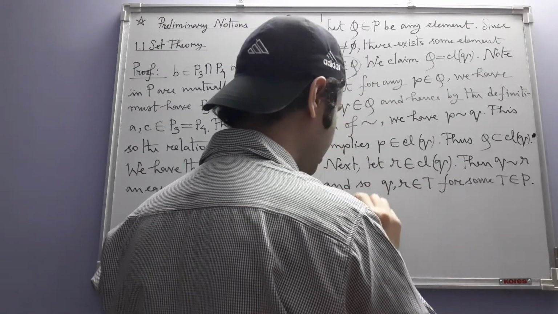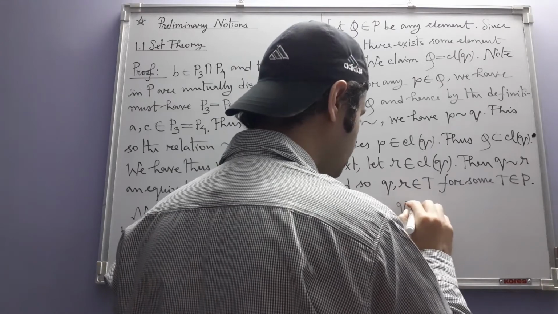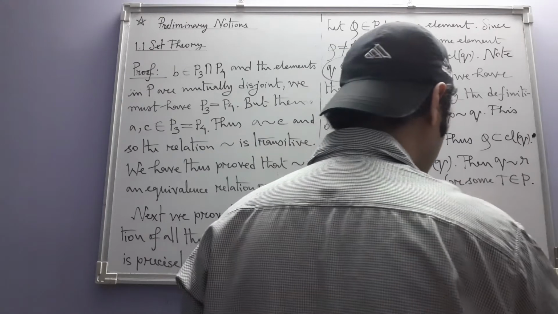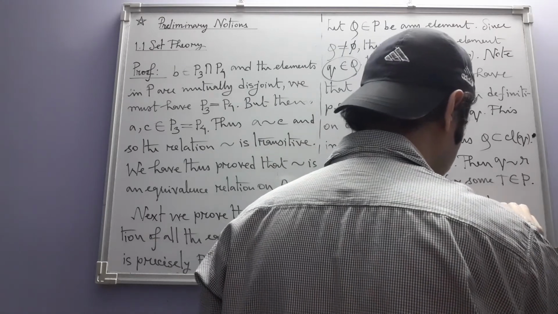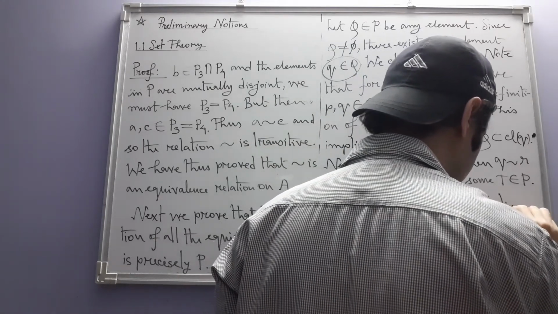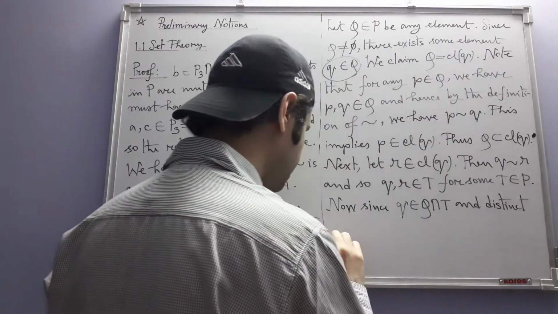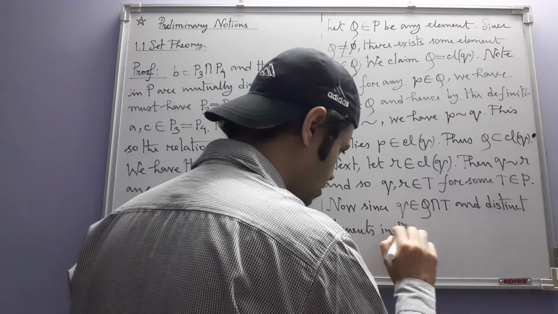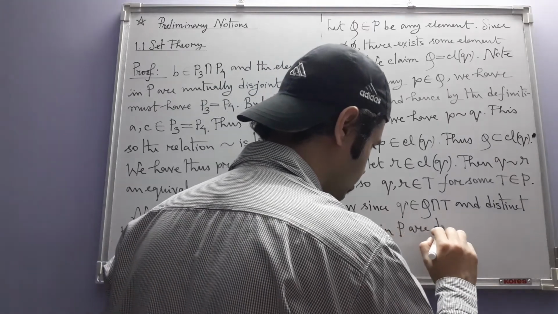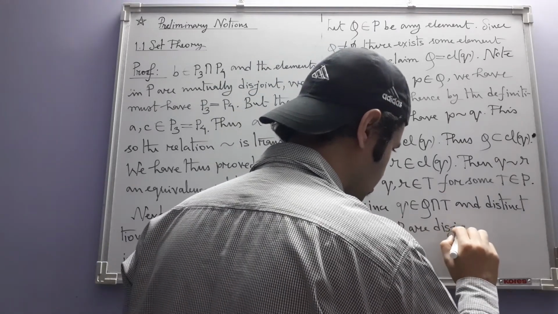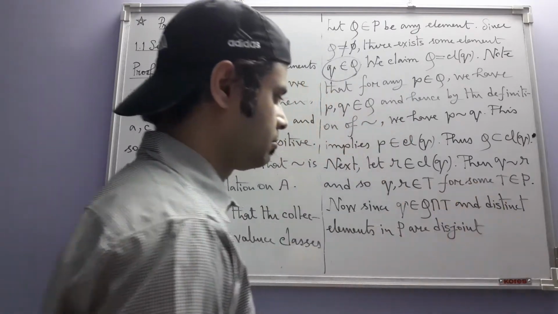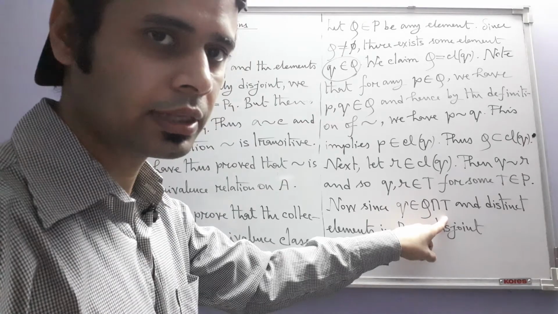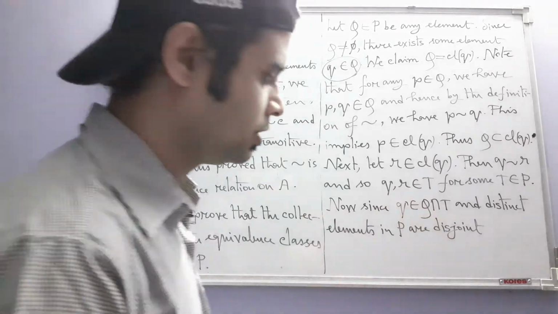So yes. Now since q belongs to both Q and T, and distinct elements in the collection P are disjoint, so that means since these two are not disjoint, they cannot be distinct, they have to be the same thing.